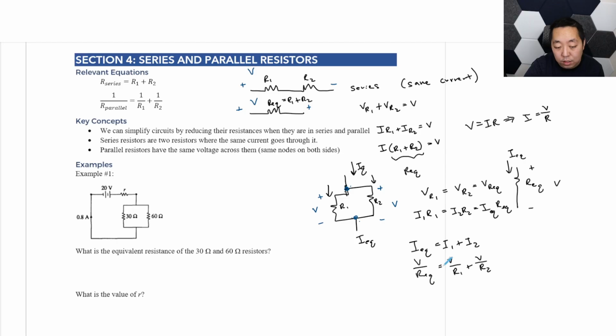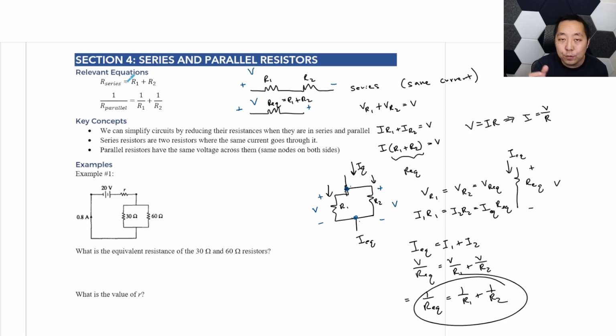The key thing is we're doing KCL. The voltages are the same across them, so you can divide out the V and you get this idea. And that's where the parallel resistance equation comes from. So these are the two resistance equivalences. If you see resistors in series or parallel, then you can collapse them.